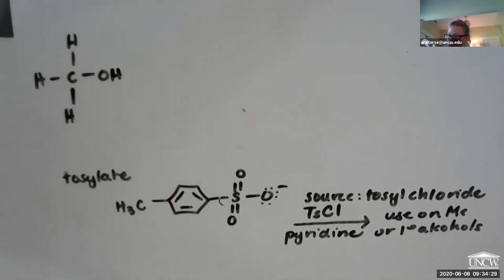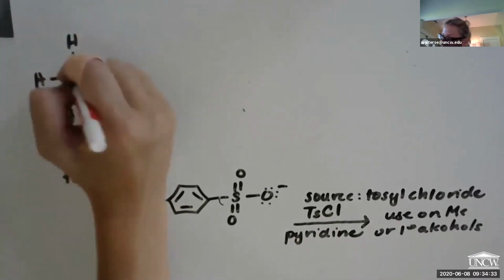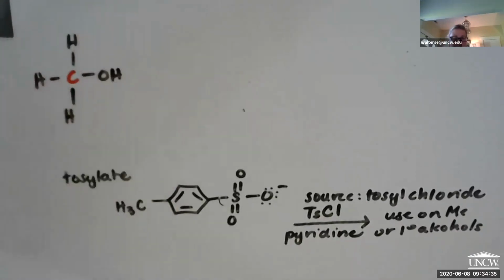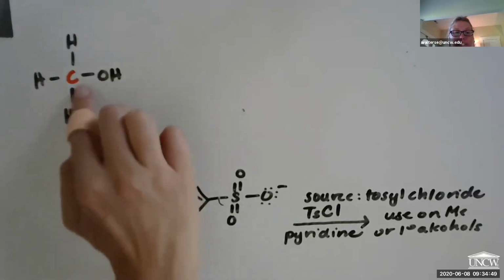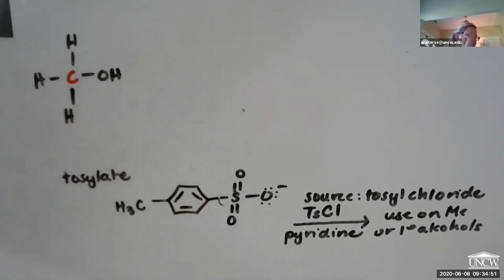And what I'm going to do is write the carbon in red, because we're always going to be attacking that red carbon in the substrate. Okay, so there's lots of carbons over in here. There's a carbon here, there's 6 in the ring. You don't attack any of those. You always are going to attack the substrate carbon.